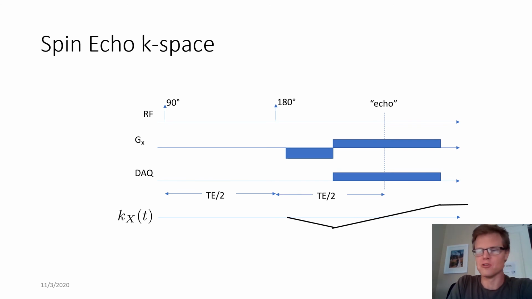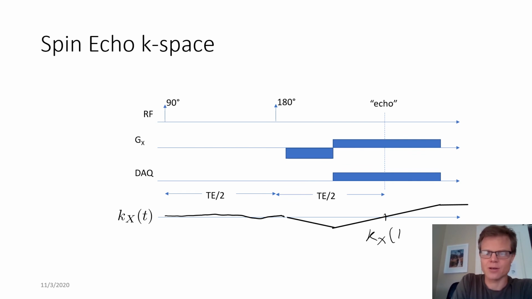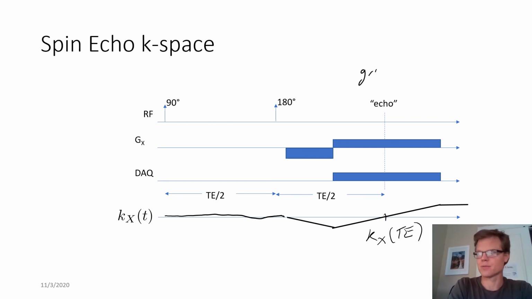Simply move all of our frequency encoding gradient past the 180-degree pulse, and we would get the same kind of evolution of k-space, and we'd hit our gradient echo and our spin echo. They're going to coincide. This is both the gradient and the spin echo.